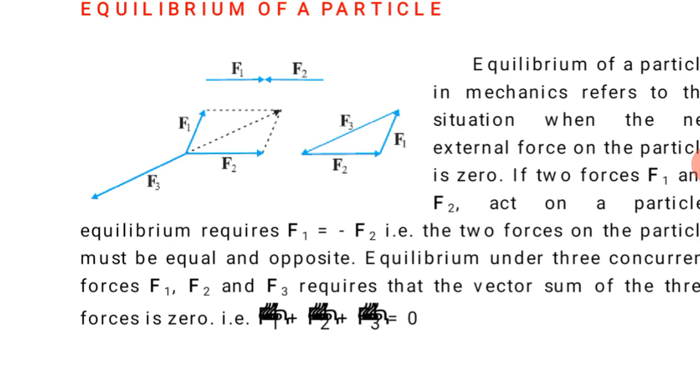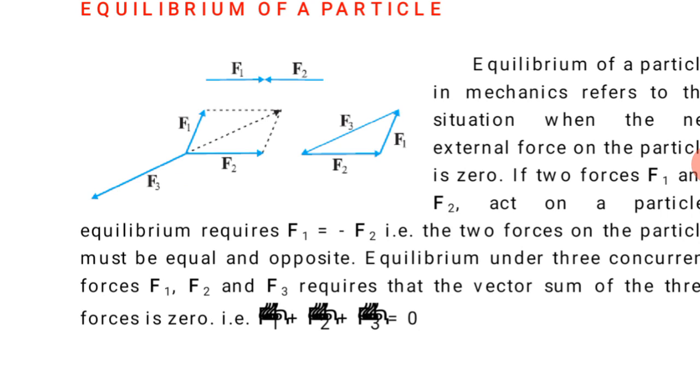Suppose F1 and F2 are the two forces that act on a body, or act at a point O. These two forces start from the same point, hence here we can say the two forces are two vectors.